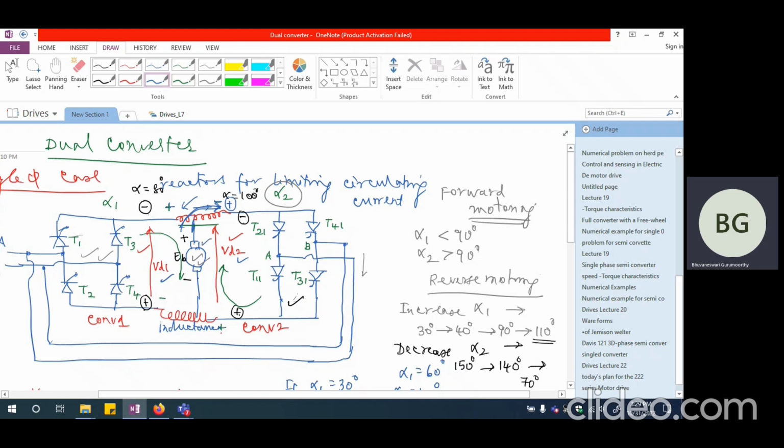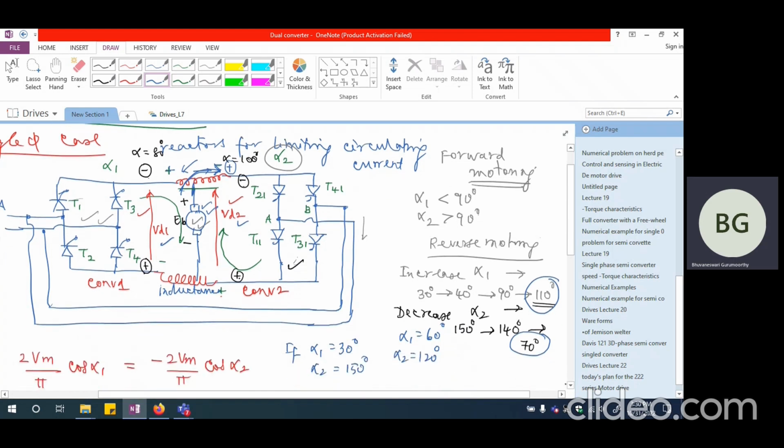And as the kinetic energy stored in the motor drive decreases further and further, it will come down to zero speed and it will start accelerating in the reverse direction, provided the firing angle of converter 2 becomes less than 90 and that of converter 1 becomes greater than 90.